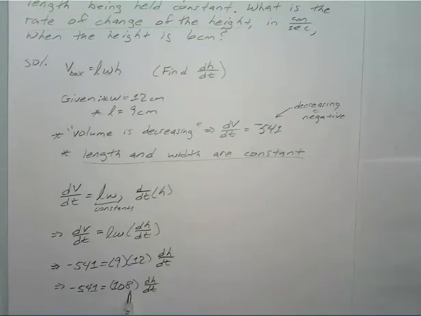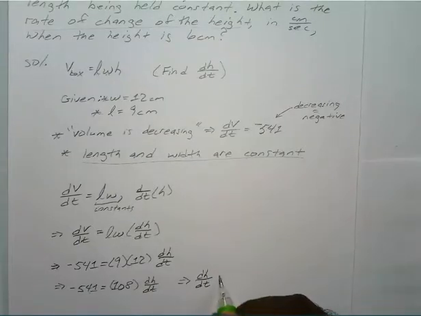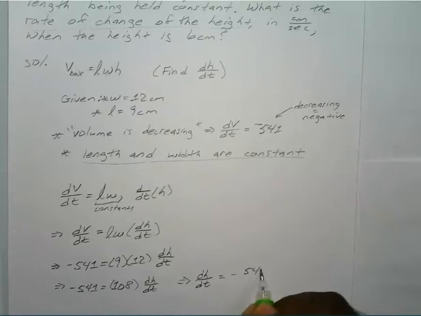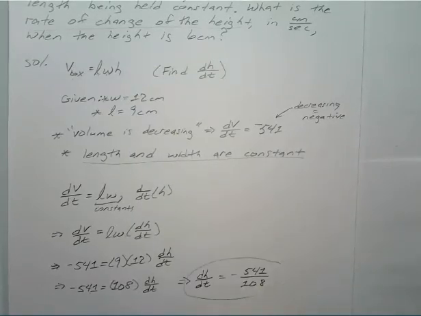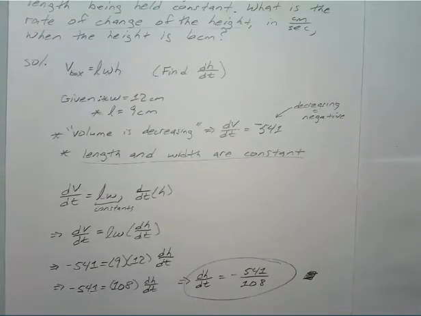All right, so if we go ahead and divide both sides by 108, our rate of change of the height with respect to time in centimeters per second is negative 541 over 108. And you could plug it in for a decimal number if you like, but you don't have to.